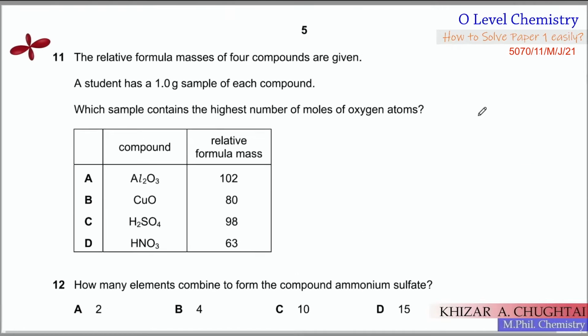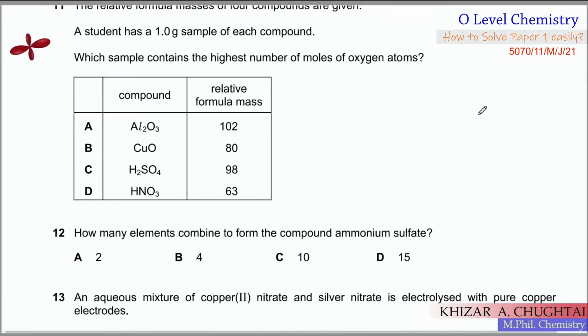Question number 11. The relative formula masses of the four compounds are given. A student has 1 gram sample of each compound. Which sample contains the highest number of moles of oxygen atoms? So I am going to find the number of moles of oxygen atoms.